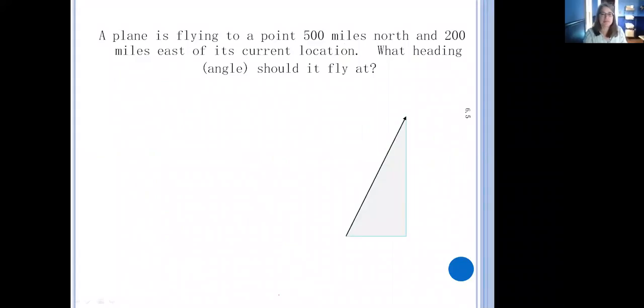Okay. Another example. We've got a plane right here heading to a point that is 500 miles north and 200 miles east of its current location. And we want to know at what angle should the plane be headed.